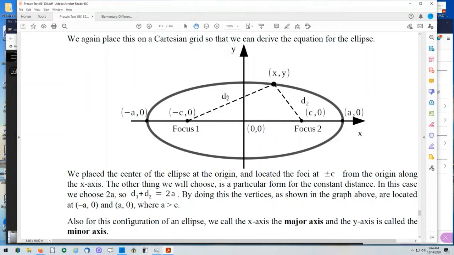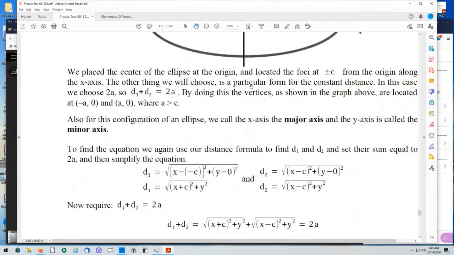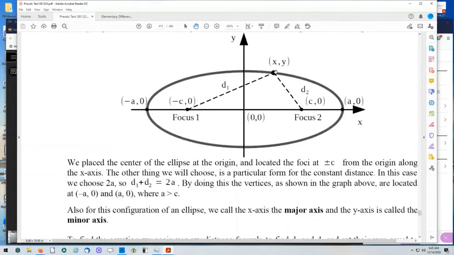Okay, so what do we do? Well, this is distance 1 and distance 2. We go right to our distance formula, just like we did for the circle and the parabola. So distance 1 is: here's a point x comma y, and I take my x minus this x1, which in this case is the negative of negative c, and then y minus 0.